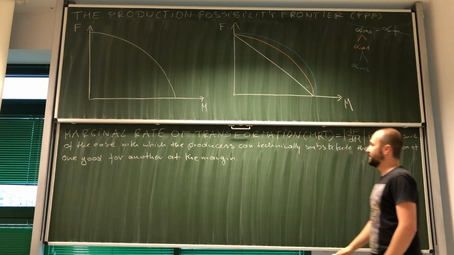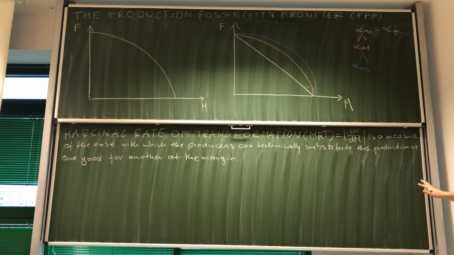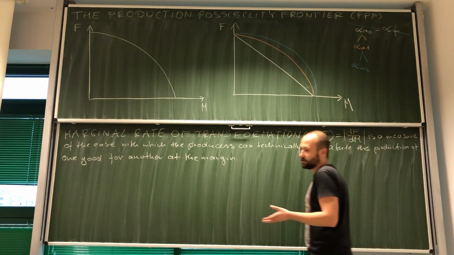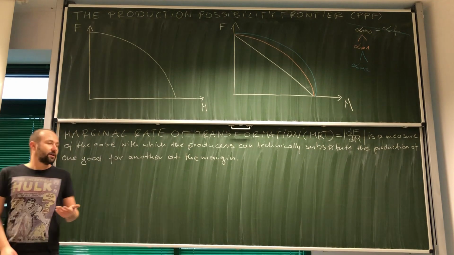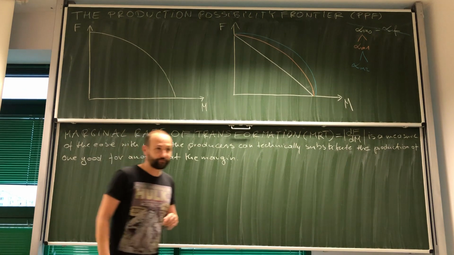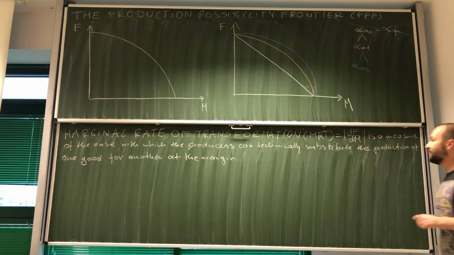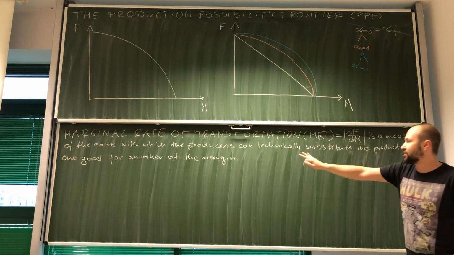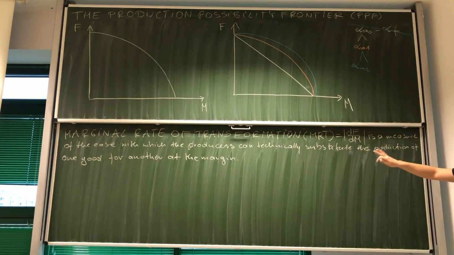Okay, and I hope at this moment you can clearly see a very big similarity between the marginal rate of transformation and the marginal rate of substitution in the consumer's choice problem, right? If we just changed production for consumption, we are basically getting the same definition.